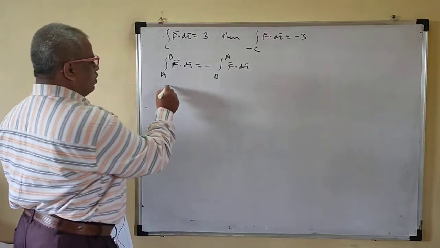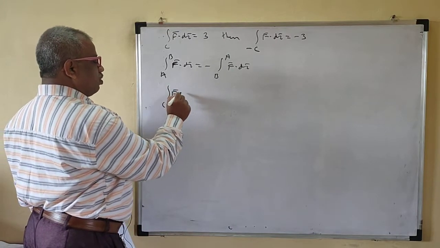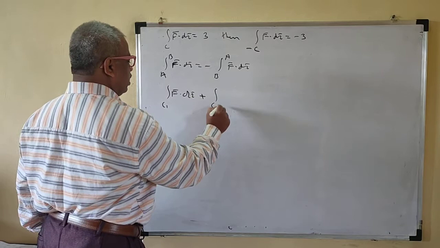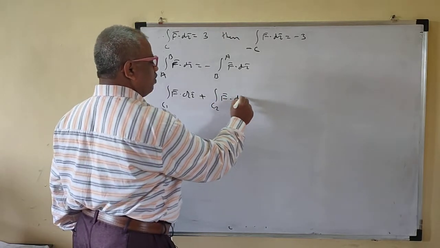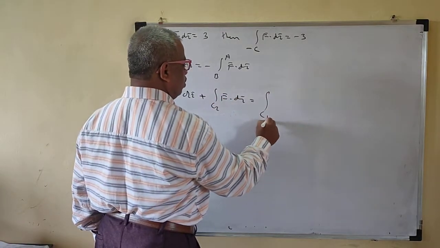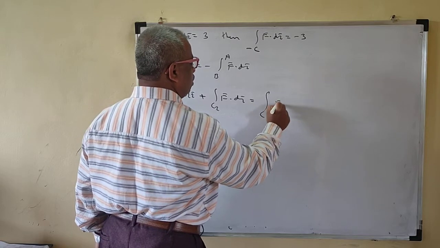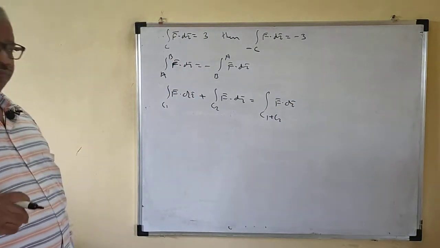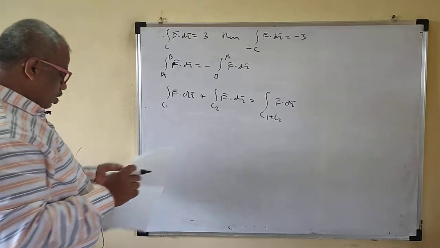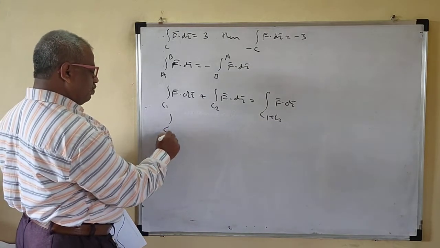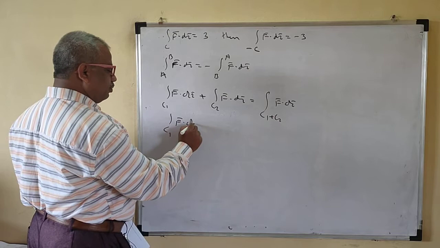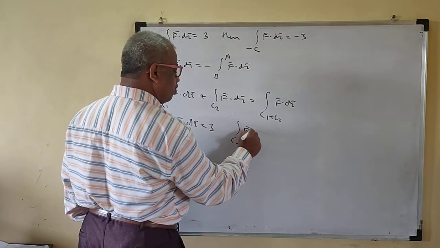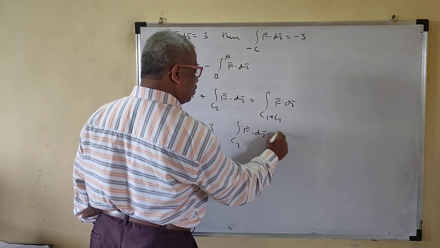Also, the line integral over C1 of f bar dot dr bar plus the line integral over C2 of f bar dot dr bar is equal to the line integral over C1 plus C2 of f bar dot dr bar. That means, suppose the line integral over C1 is 3 and the line integral over C2 is 7.